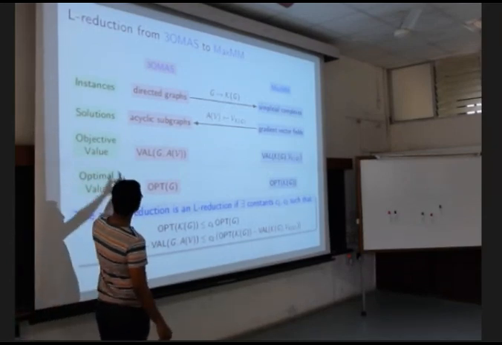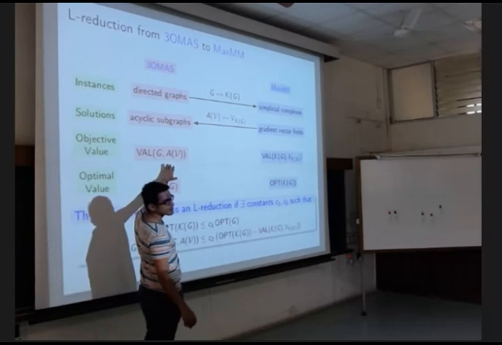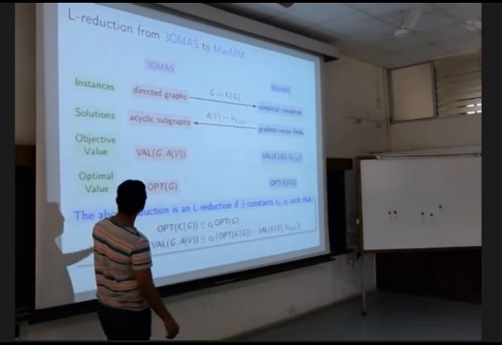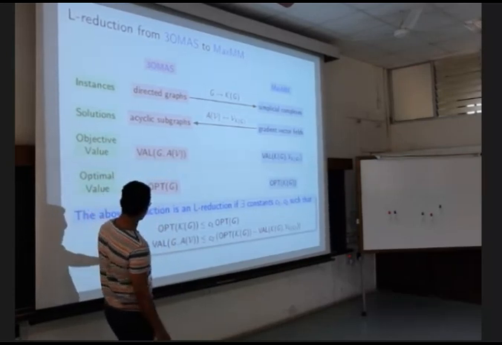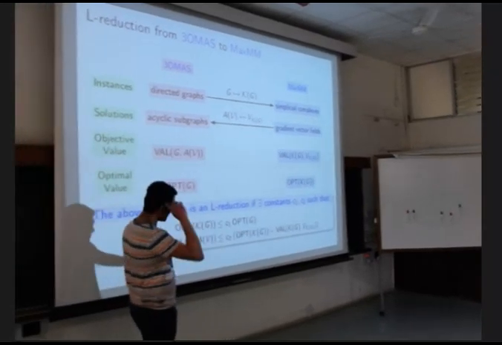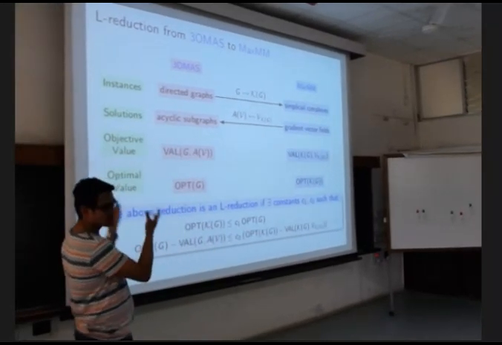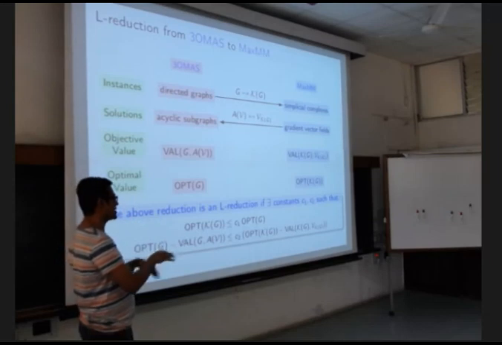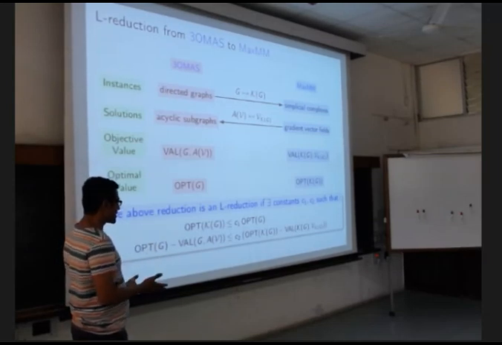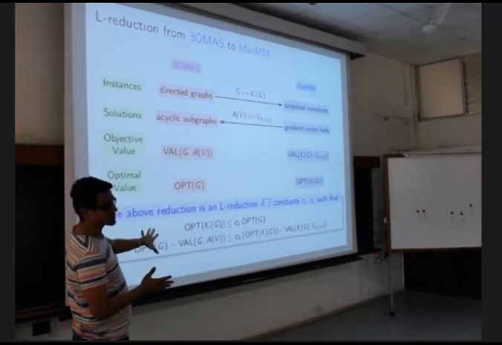Here val is the objective value for a solution. So the first property is, for any reduction, such a reduction is an L-reduction if two linear inequalities are satisfied.